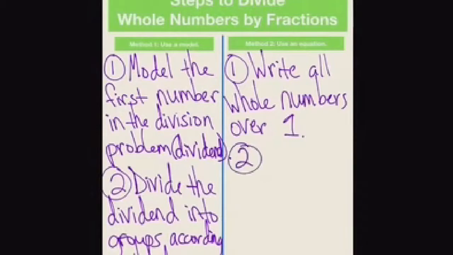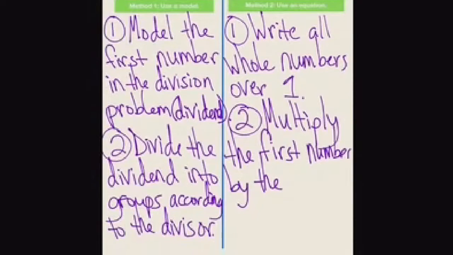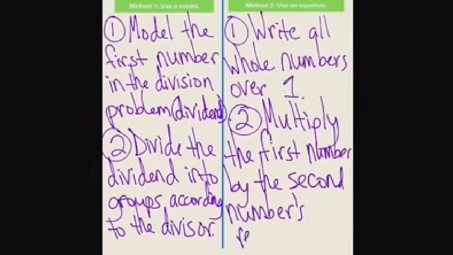The second step is to multiply the first number by the second number's reciprocal.